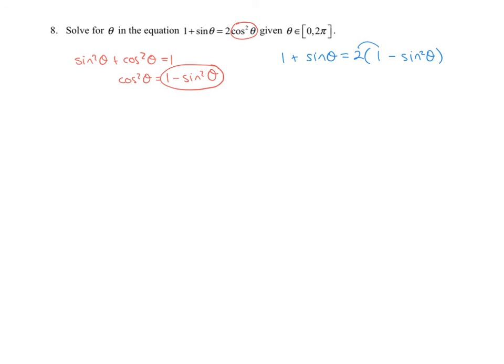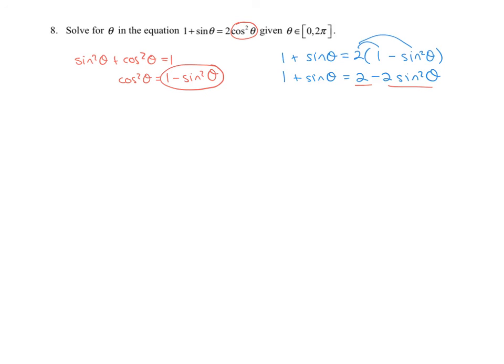And now I'm going to distribute and try and get my terms to one side. 1 plus sine theta equals 2 minus 2 sine squared theta. Now I'm going to take both of these terms and move them over to the left side of the equation.